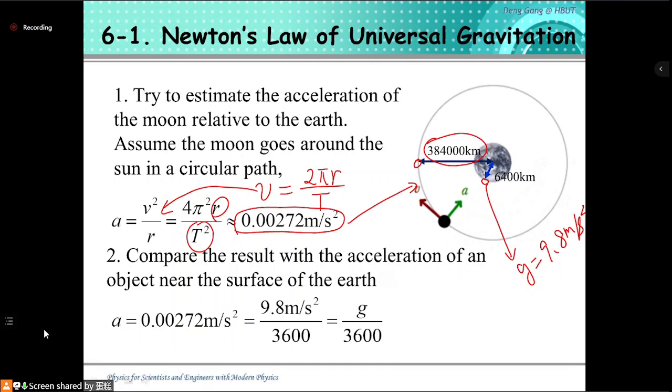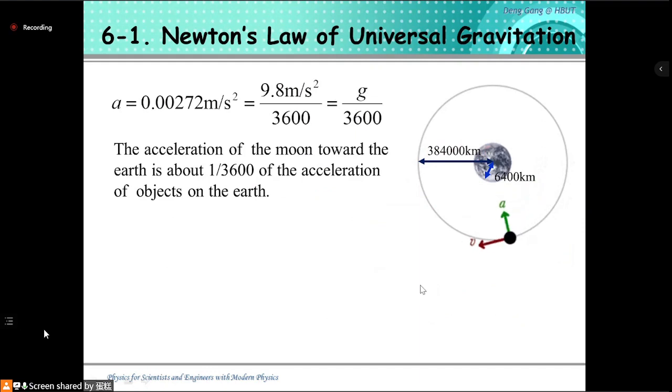Let's compare these. According to this, a over g is almost equal to 1 over 3,600. By a rough estimation.